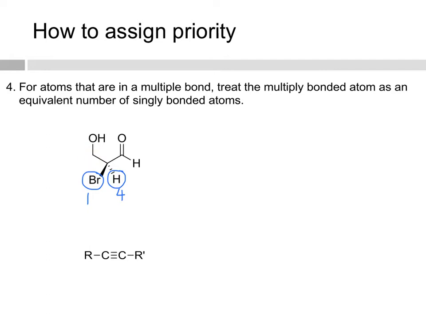So let's label them carbons A and B. Carbon A has an oxygen, a hydrogen, and a hydrogen. Carbon B is tricky because now it has a double bond to an oxygen. This fourth rule is saying that when we have atoms that are in a multiple bond, we're going to treat the multiply bonded atom as an equivalent number of singly bonded atoms. So we will translate this into 2 carbon-oxygen single bonds. So if I were to redraw that, I'm going to consider it as a structure like this.